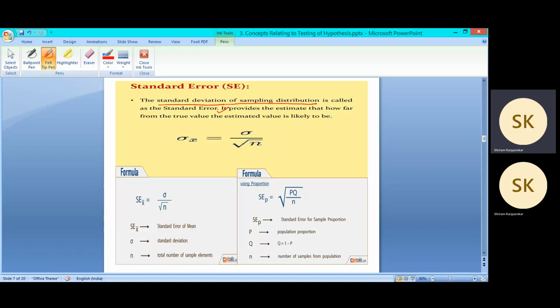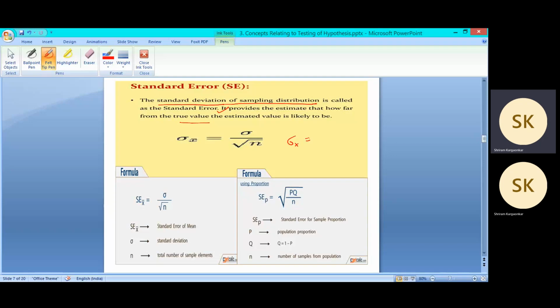This is an important concept. Indirectly, it gives us the difference between the true value and the estimated value.